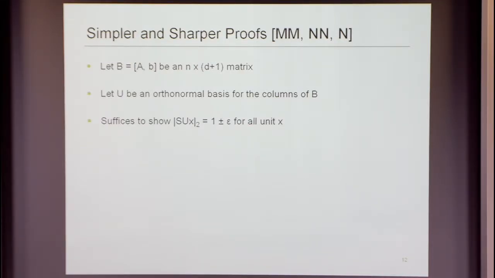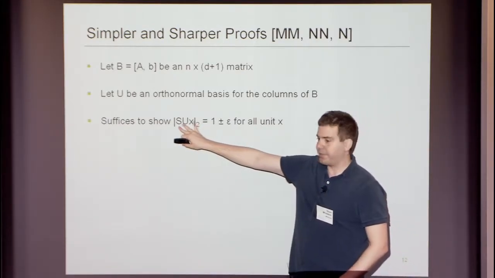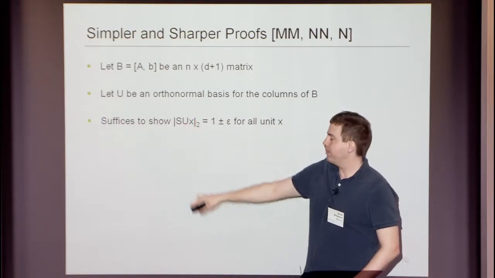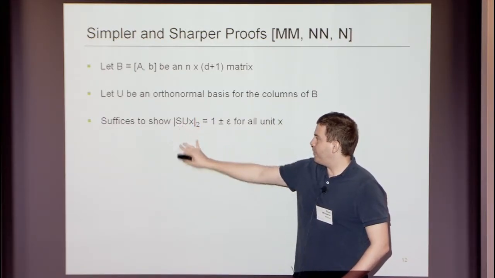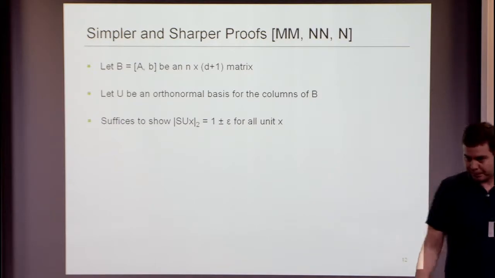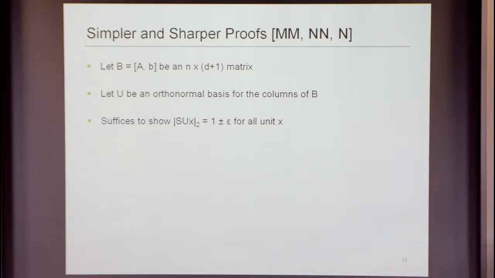And I claim that it suffices to show that for this matrix S, this count sketch matrix that we're choosing at random, the Euclidean norm of SUx is 1 plus or minus epsilon for all unit vectors x. I claim this is all we need to show.